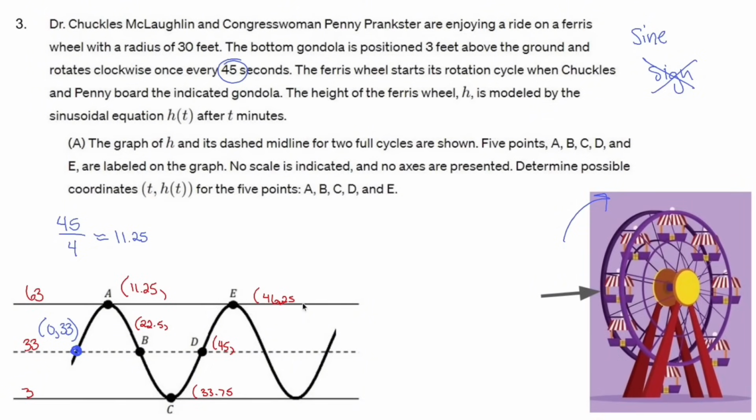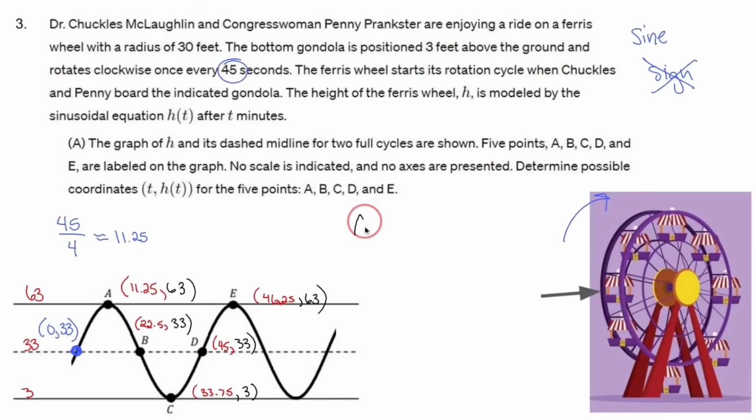Okay. Now the heights for these guys are obvious. 63, back down to 33, back down to 3, back up to 33, and back up to 63. So there's technically, since it doesn't tell me how many cycles are done in a ride, an infinite amount of answers.